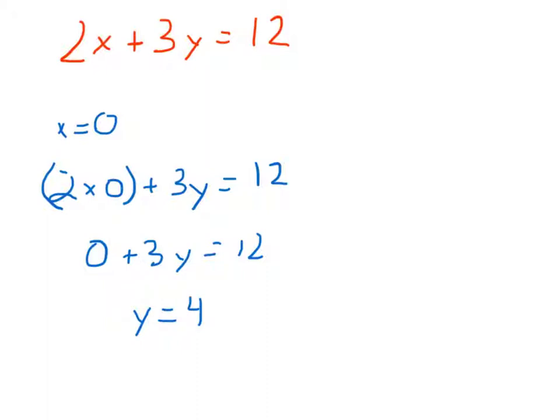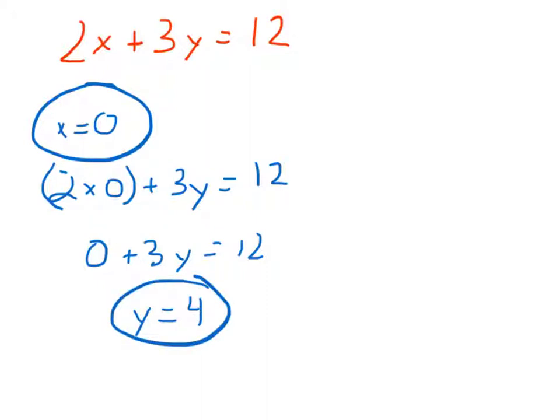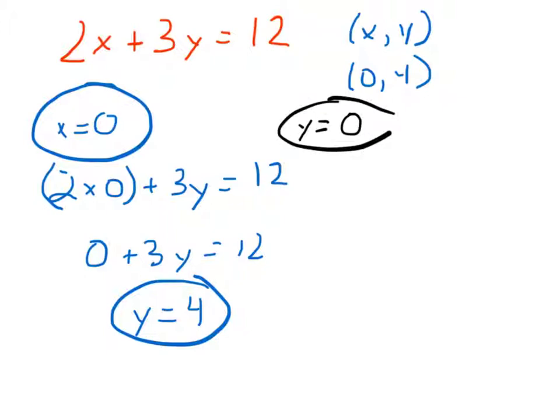So my coordinates here, if we go back, the x is 0 and the y is 4. So x and y, if we would graph them in this case, would be (0, 4). That would be one point on our line. Now we have to find the other point on our line. So we're going to substitute a 0 for y, so y will equal 0.